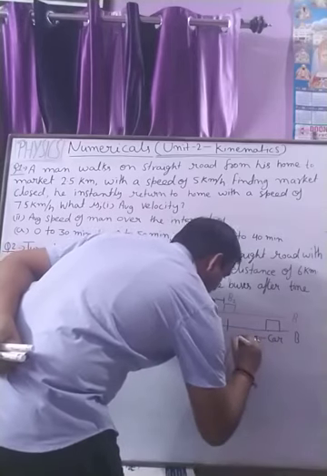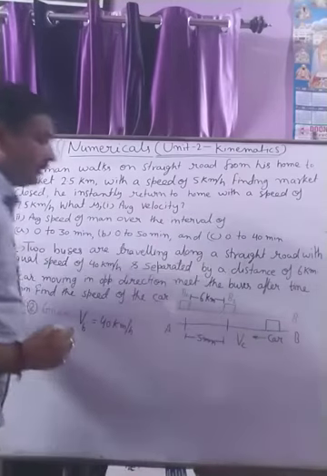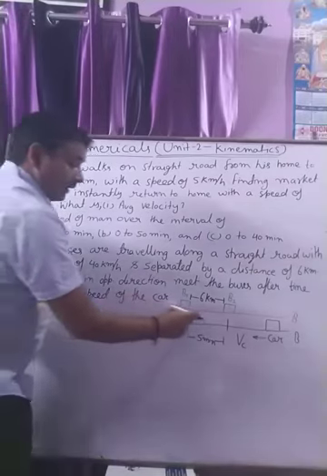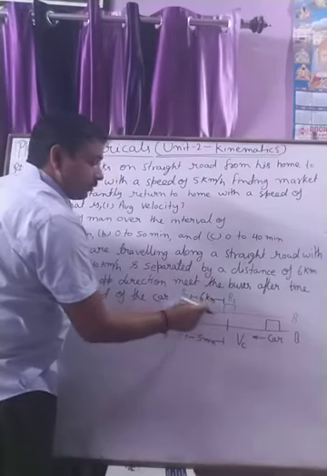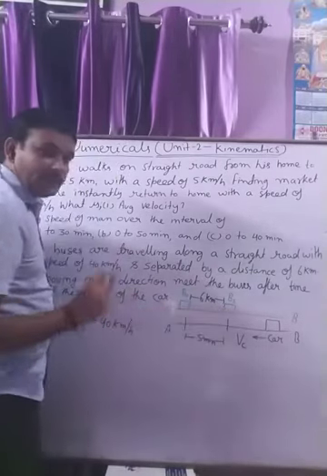We say the velocity of the car is VC, and the car takes 5 minutes to cross, or to meet, the two buses.